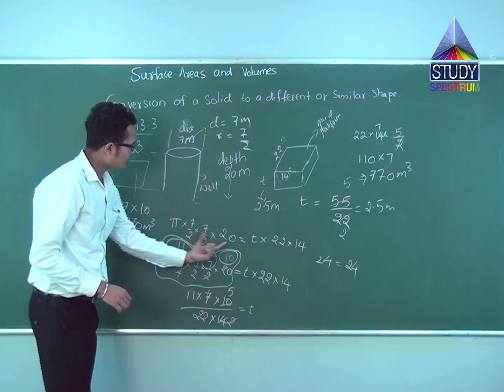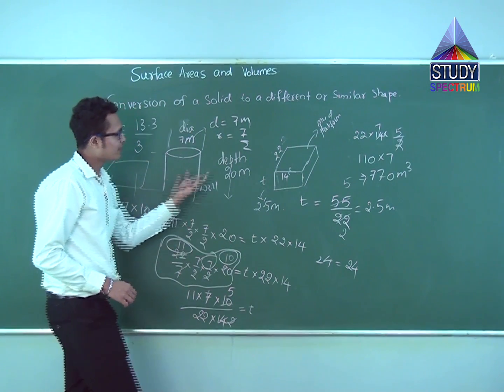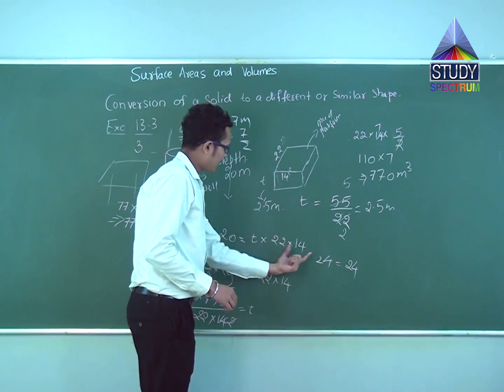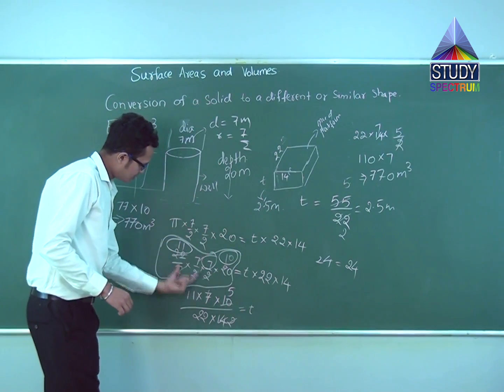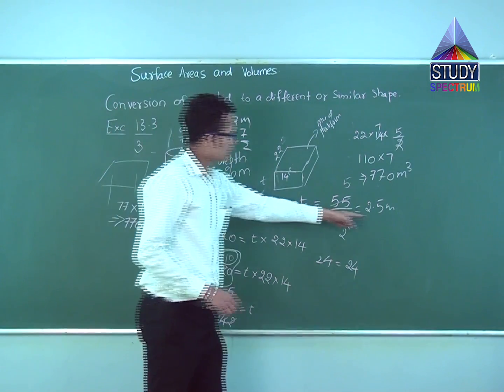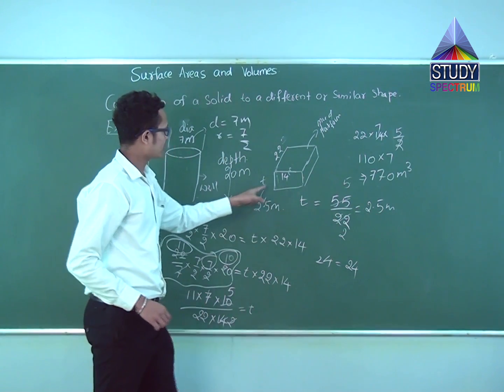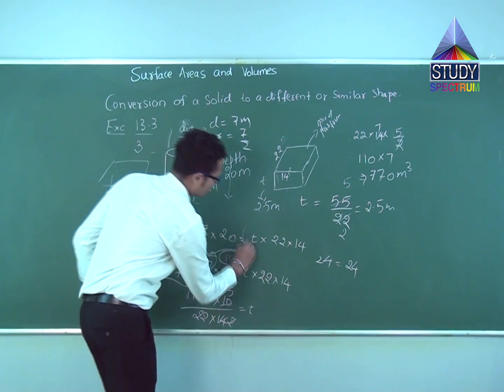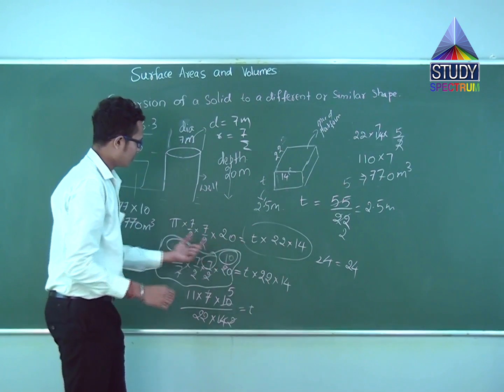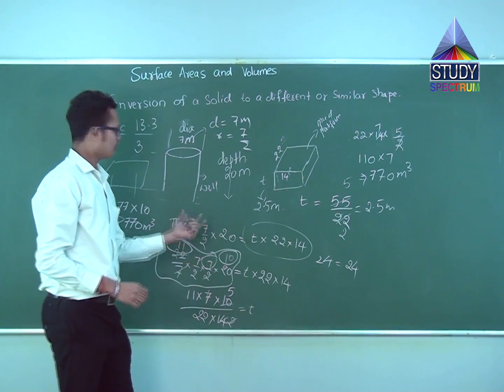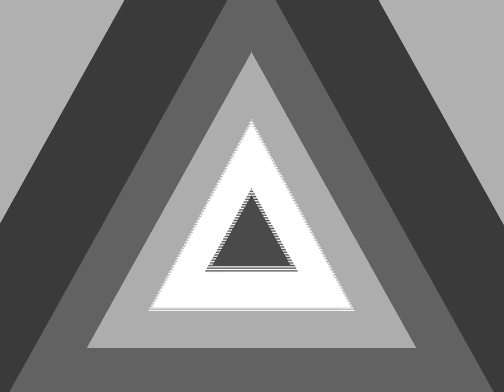So pi r square into h, that is volume of the cylinder, will be equal to volume of this muddy platform. Substituting, you get t as 2.5. To check this answer, you substitute back in this equation and see if it equates with this to give 770 meter cube.